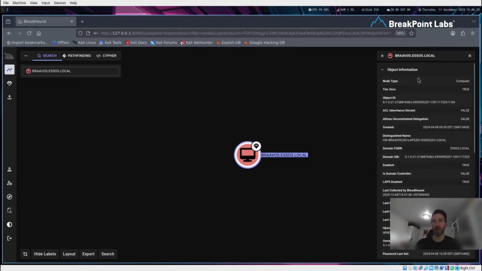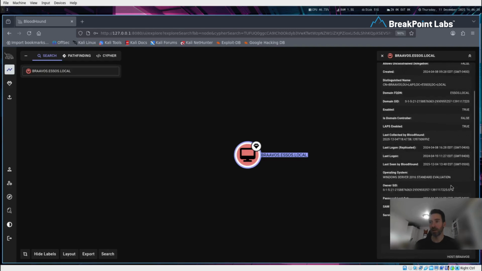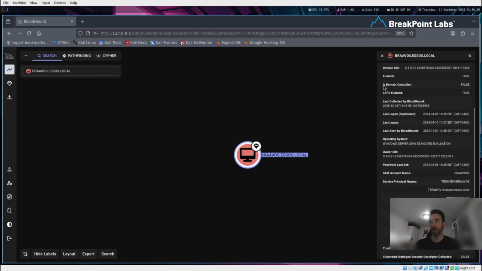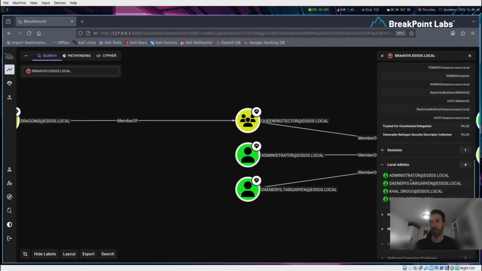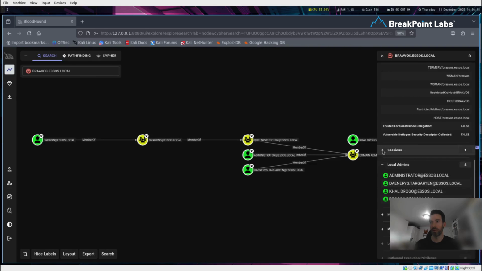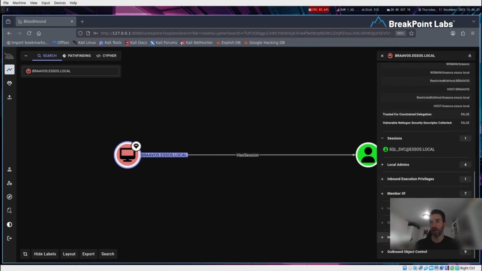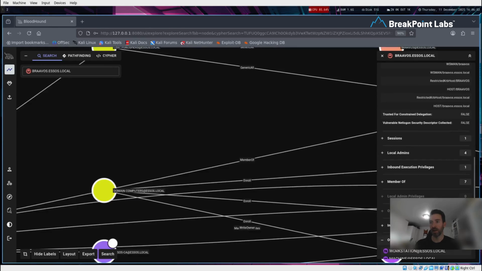Look at the computer, not the container. So we can see it's not a domain controller, has LAPS enabled. Some local admins, and then let's look at outbound control.